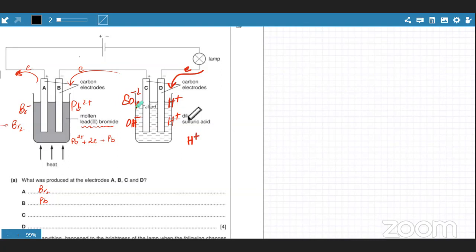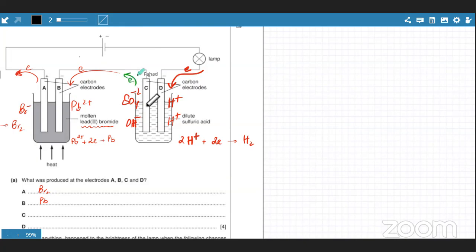The problem is that hydrogen is also diatomic, so you have to double that. 2H+ would gain two electrons to form an H2 gas molecule. On the other side, you have two options: one is OH−, the other one is SO4 2−. Who's going to be the one to lose electrons?